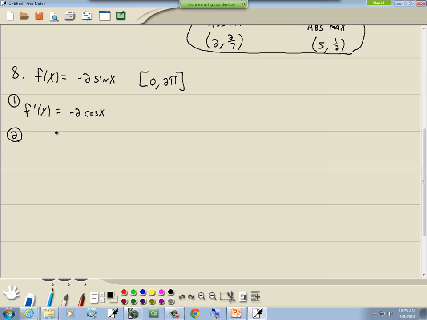Step 2, set this equal to 0. So I got -2 cosine x equal to 0. And I could divide both sides by -2. And we get cosine x is equal to 0.